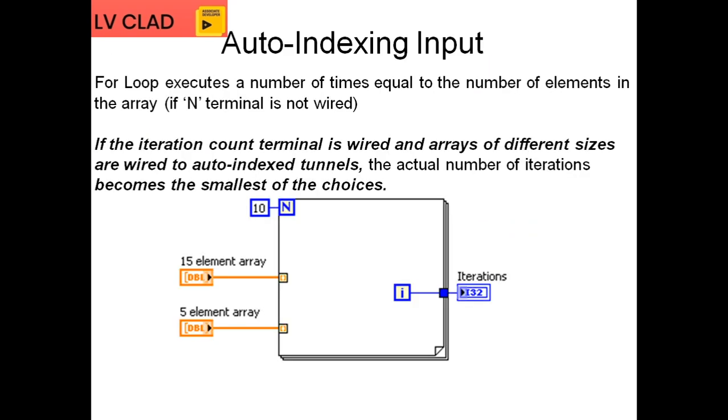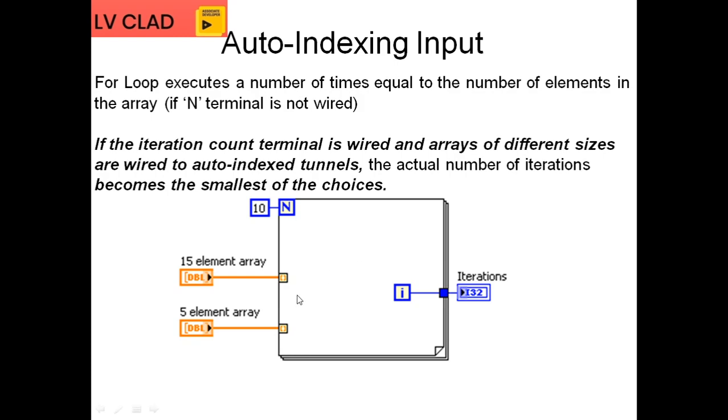Next one is auto indexing on inputs. Two things are important: whether N is wired and whether auto indexing is enabled. That is what determines the number of times of execution. I have wired the N value, and I have also given two arrays.